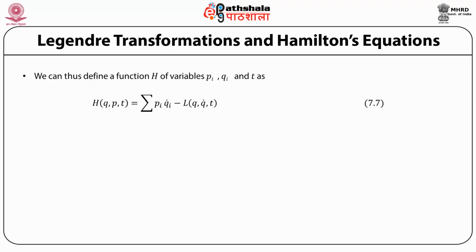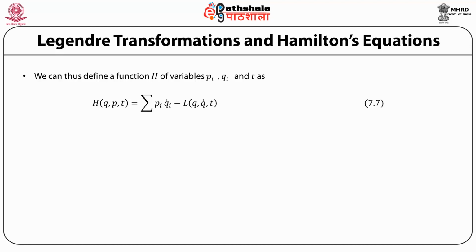We can thus define a function h of variables p_i, q_i, and time t. See, the Lagrangian is a function of the generalized coordinates q, the generalized velocities q dot and the time t. We want to construct a function which is a function of the generalized coordinates and the conjugate momenta p.